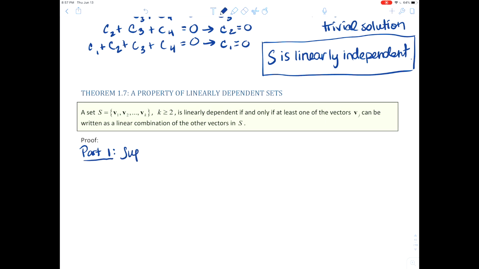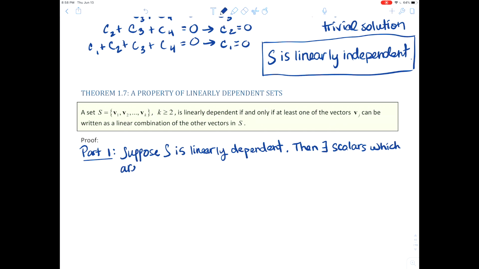Suppose S is linearly dependent. Then there exist scalars, which are real numbers, which aren't all 0, such that C1 times V1 plus C2 times V2 all the way down to CK times VK is equal to the 0 vector.